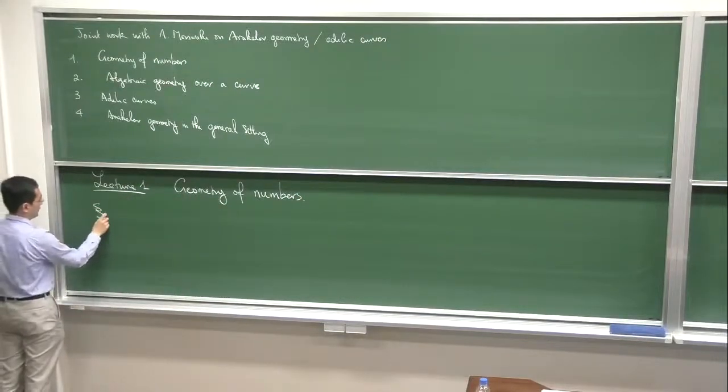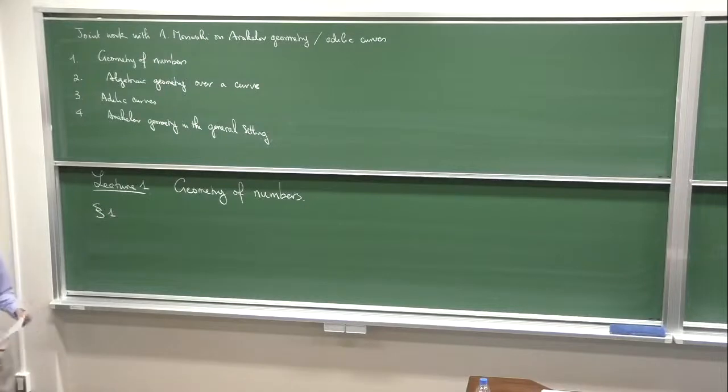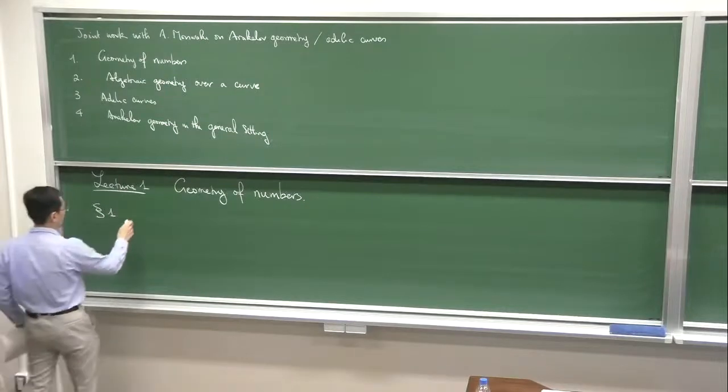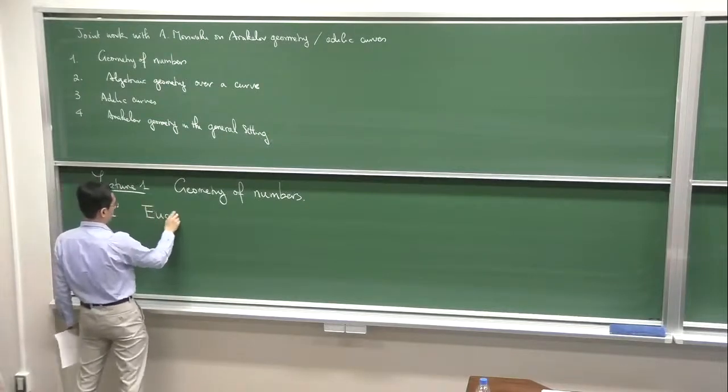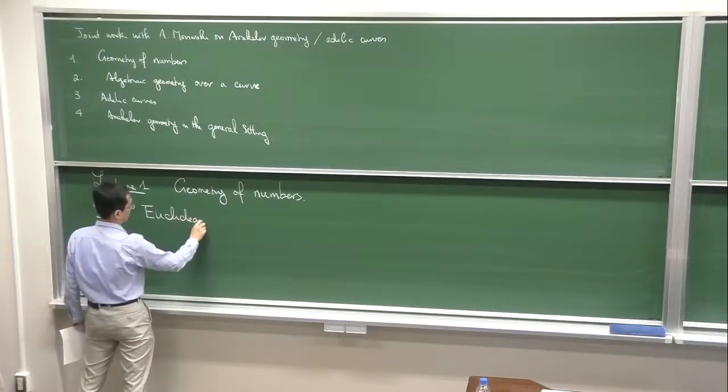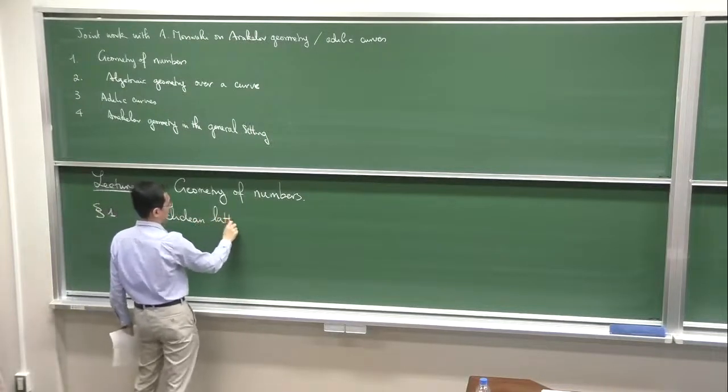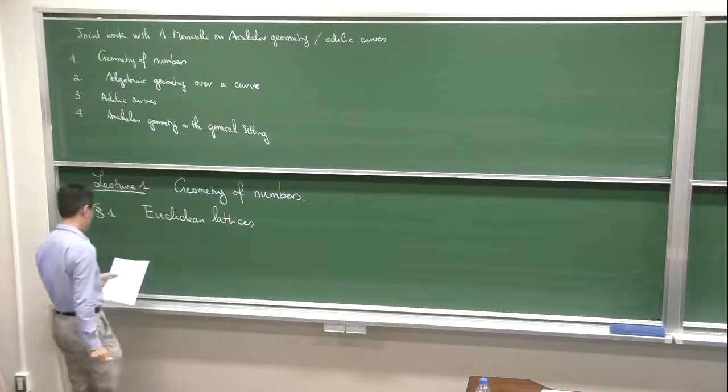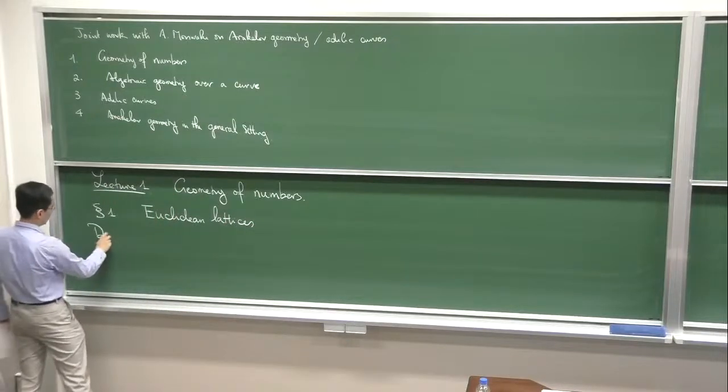In geometry of numbers, the most fundamental objects are lattices in the Euclidean space. I just give the definition.